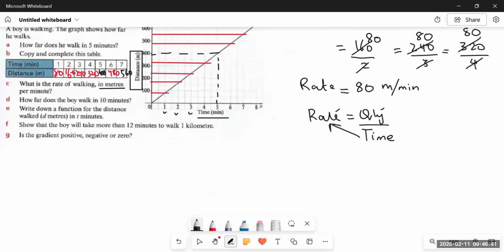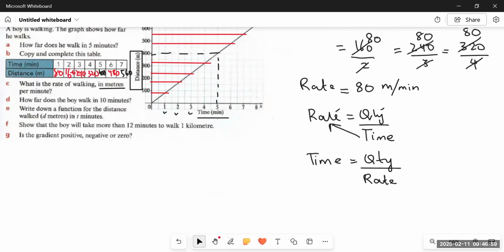Time will come in the place of rate and rate will go in place of time, and this formula would become quantity upon rate. So this is the formula we are going to use for finding the quantity, the rate and time.